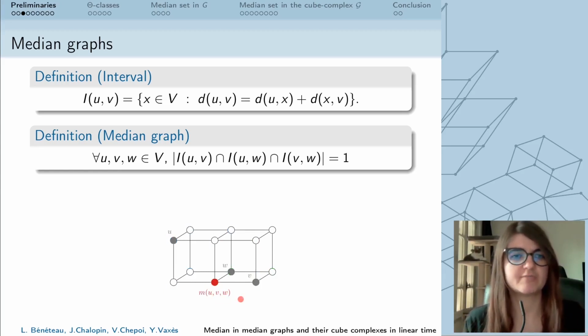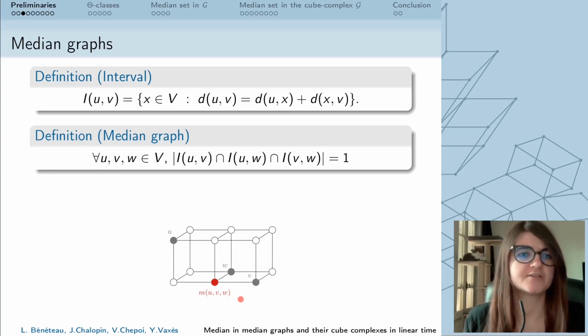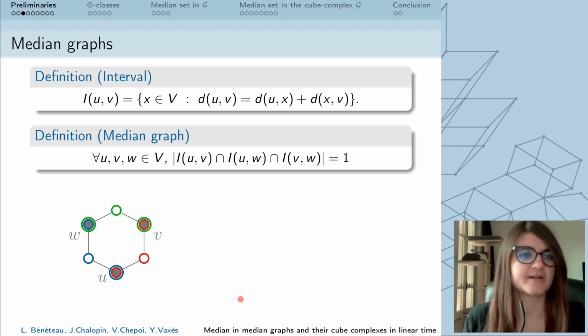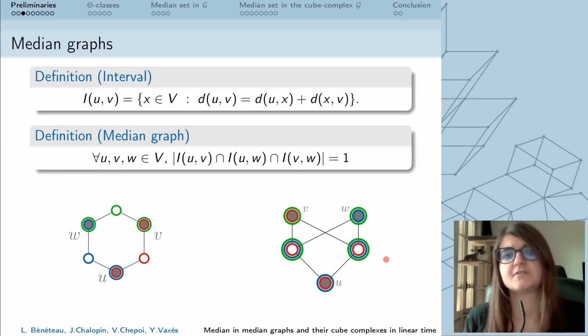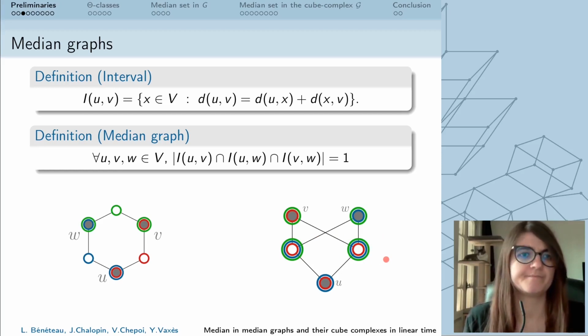If we do it for each triplet in this graph, we always get only one vertex in the intersection, and this graph is a median graph. But it's not the case for C6. For example, for this triplet, we get no vertex in the intersection. And also for the complete bipartite graph K2,3, we get two vertices in the intersection. This graph is also not median.